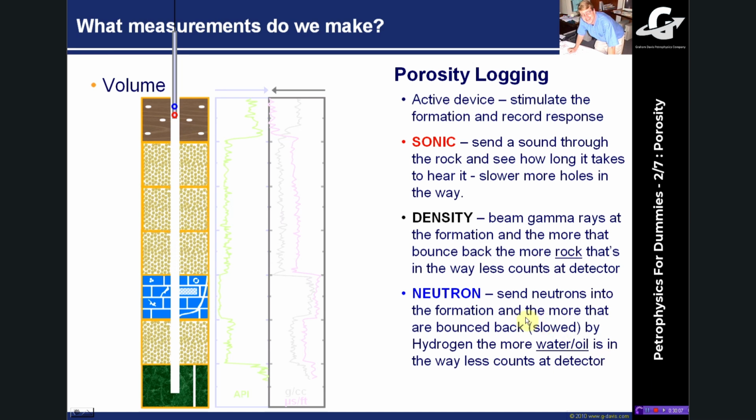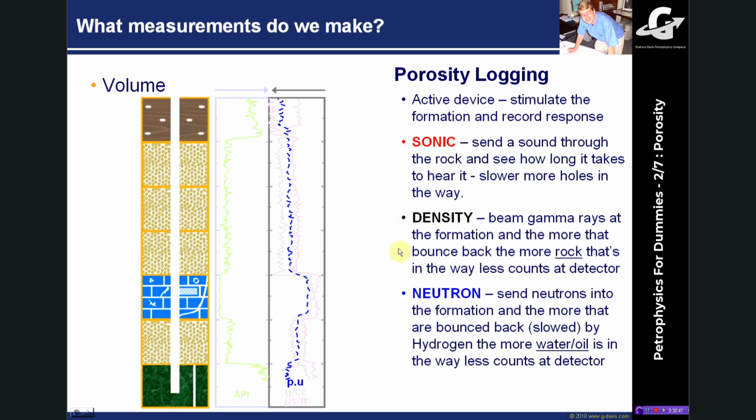We just put our neutron log in the wellbore, record it coming out, and again you see that we have a lower porosity into the carbonate, even lower porosity, then up into this upper sandstone interval, which has quite a reasonable porosity, and then again we see quite a bit of water in these shales, and so therefore we have an increase in apparent neutron porosity, rather like the sonic, in the shales.